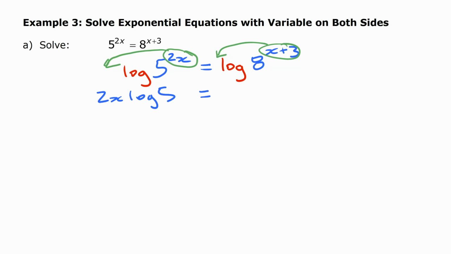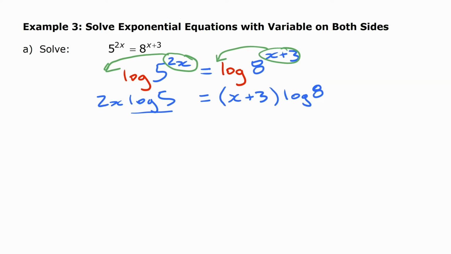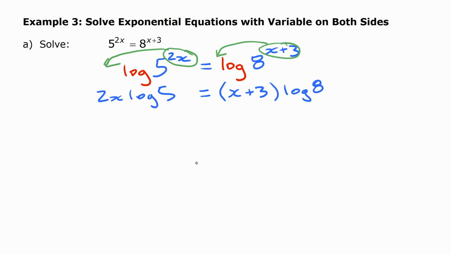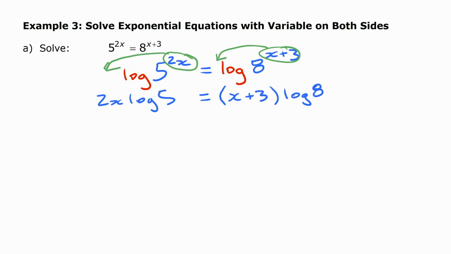And on the right, you're going to have that thing that has 2 terms in it, so I'm going to need to put it in brackets, (x plus 3) log 8. Now we've turned it from an exponential equation where the variable is in the exponent into an equation that's like things you've seen before. These are just numbers. You just have some numbers times x, and we're going to work to get x isolated to see what it is.